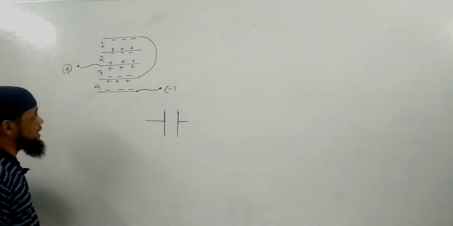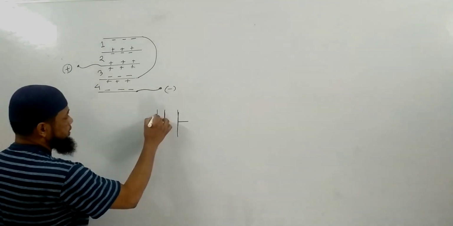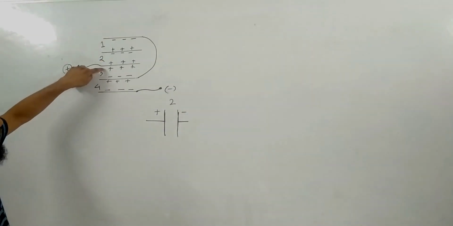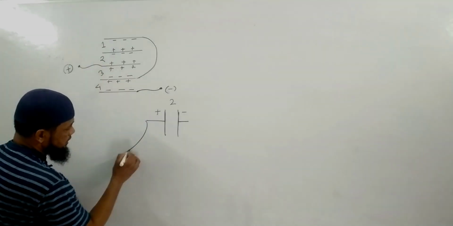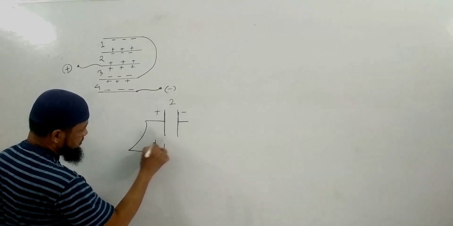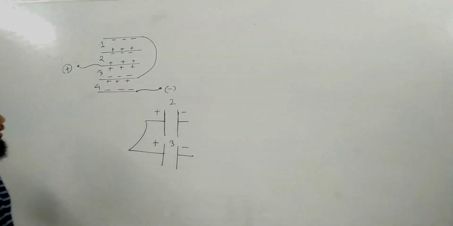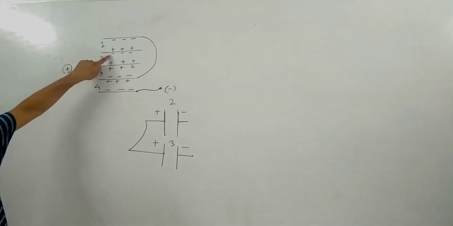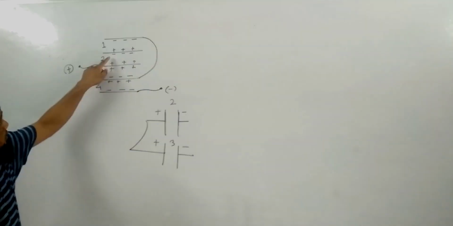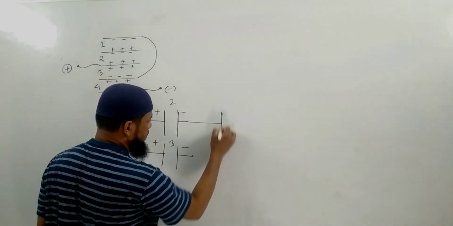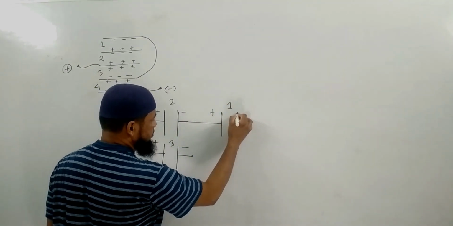For example, I do not know anything. So this is the positive plate. This is the negative plate. Positive plate of 2 is connected to the positive plate of 3. Negative plate of 2, this one, is connected with the positive plate of 1.